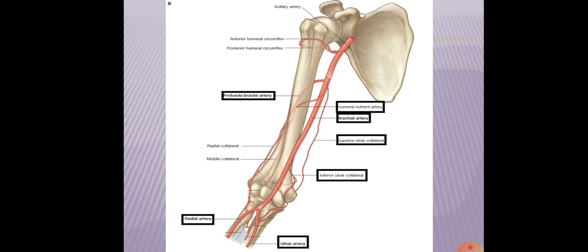So the main branches of the brachial artery are the deep artery of the arm or profunda brachii, superior ulnar collateral artery, inferior ulnar collateral artery, and nutrient artery. Okay?